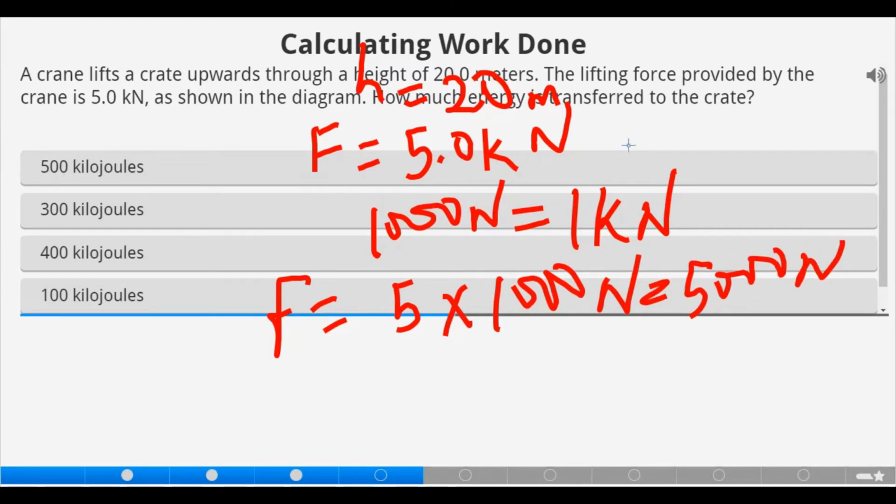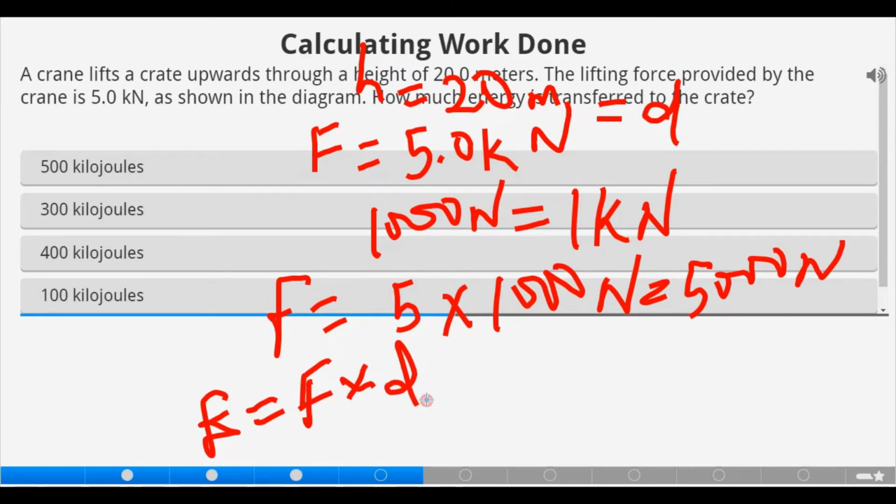And the distance or h that is given is 20 meters. So I can then say that energy, just like work, is force times distance, and that gives 5000 multiplied by 20, all in joules.